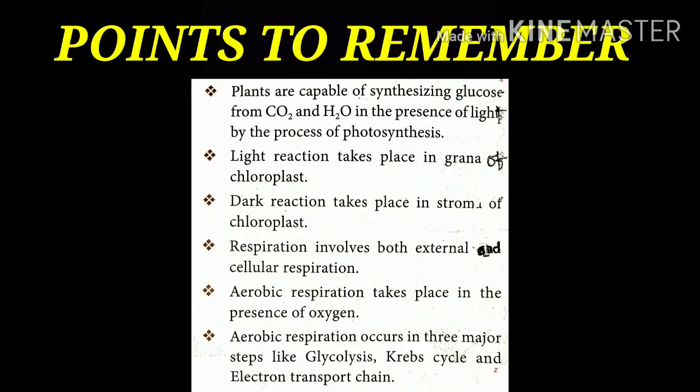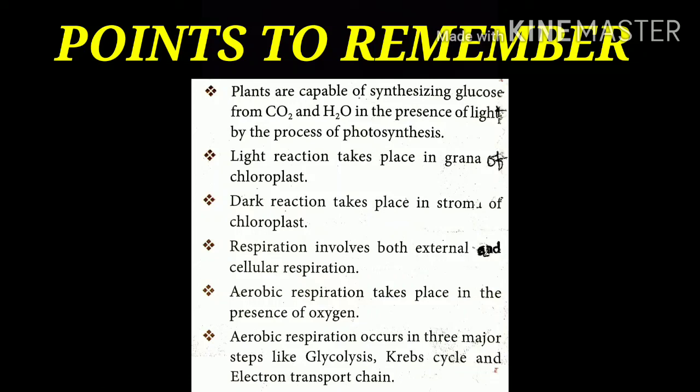Let us recall some important points. Plants are capable of synthesizing glucose from carbon dioxide and water in the presence of light by the process of photosynthesis. Light reaction takes place in grana of chloroplast.